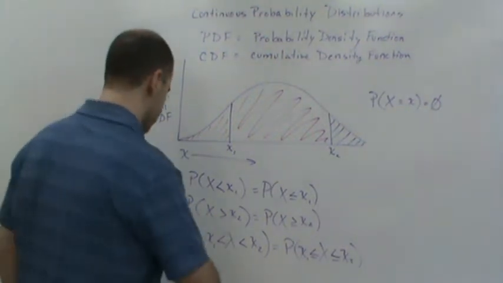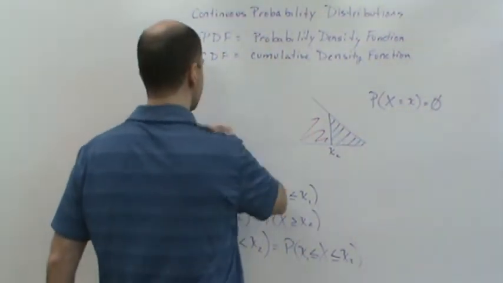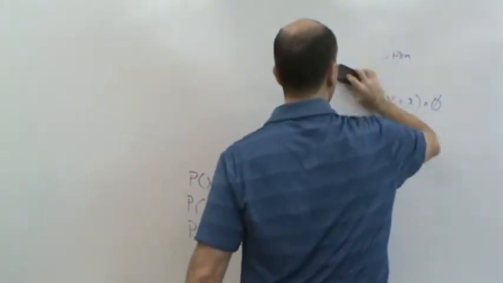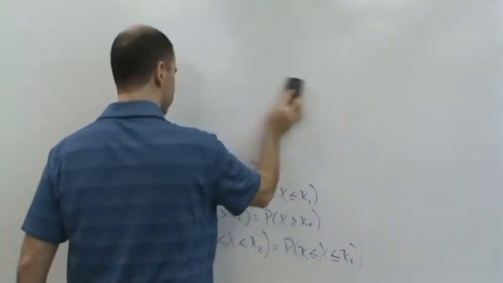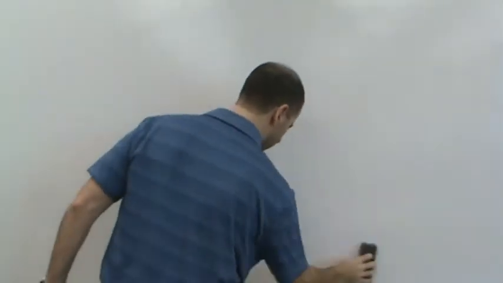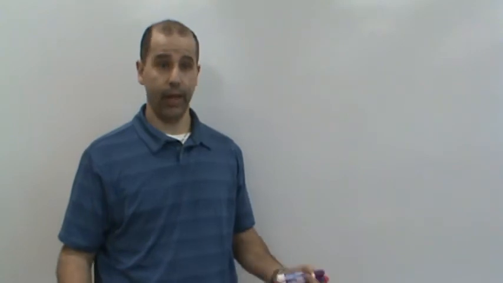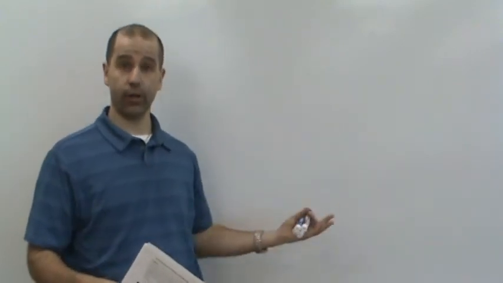Now, let's talk about some of the continuous distributions that we're going to talk about. The first one we're going to talk about in this video is going to be the uniform distribution. That's the simplest one. It's the easiest one to start with. And then you can get the idea of area under the curve.